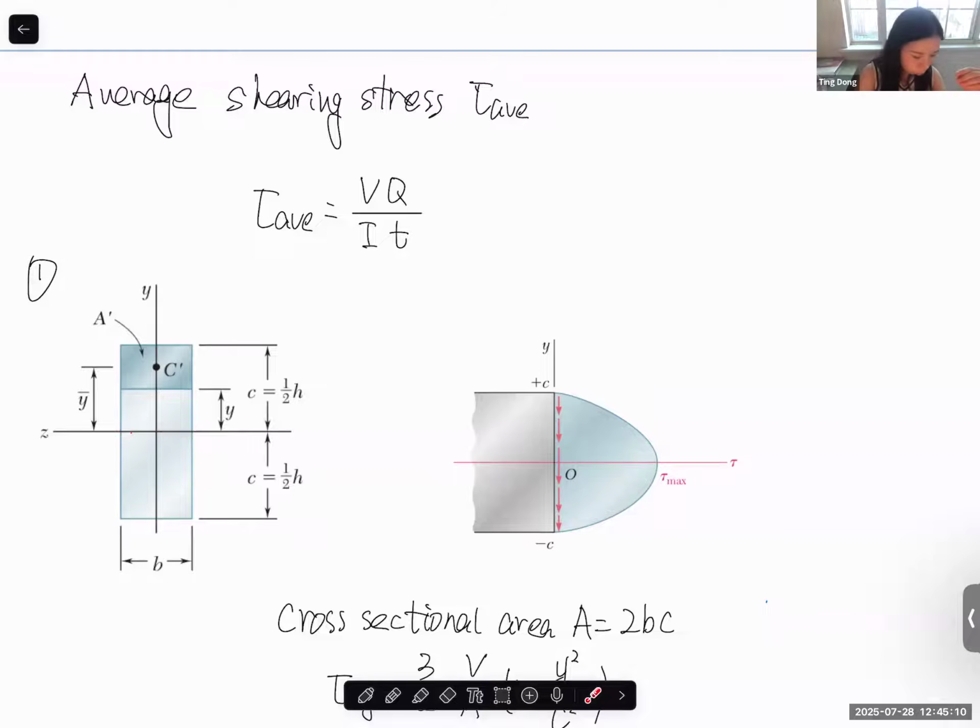It's a table of how the stress changes, like the maximum over average, minimum over average. Basically, the narrower the rectangular cross section is, the closer the distribution in this direction is to constant. That's why we use the average subscript here. But this average really means an approximation for a narrow rectangular cross section in this direction. In this direction, it's a quadratic change.